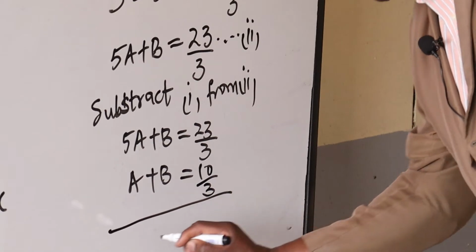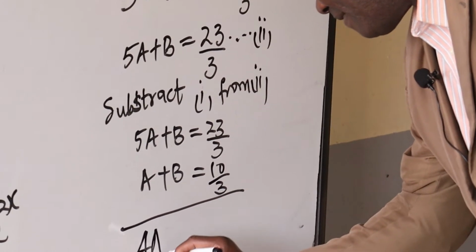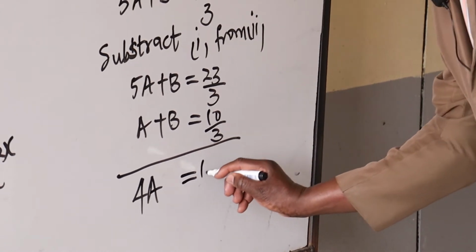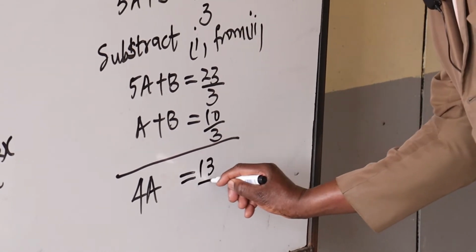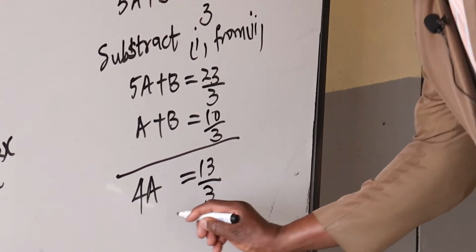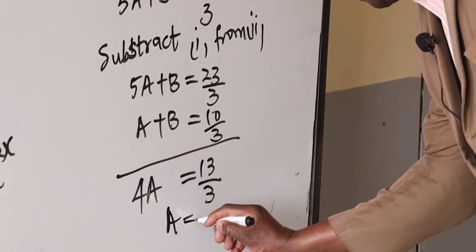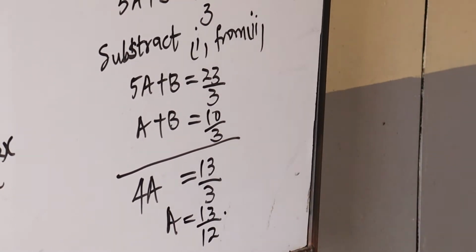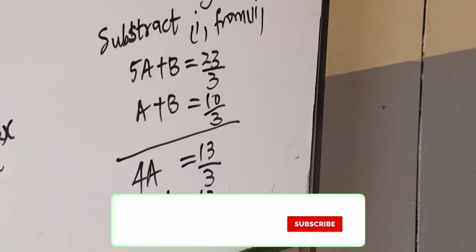When we subtract, we get 4a equal to 13 all over 3. So our a is equal to 13 all over 12.